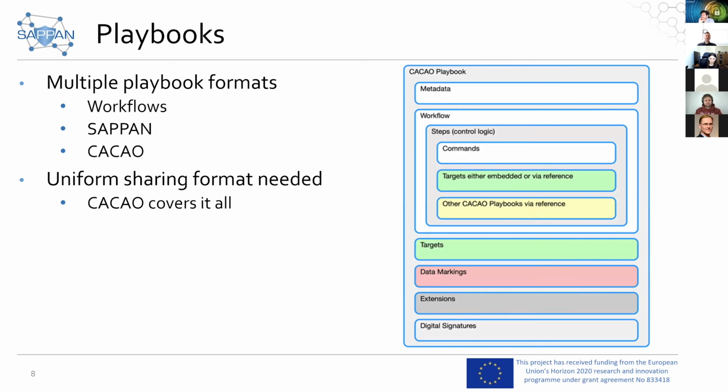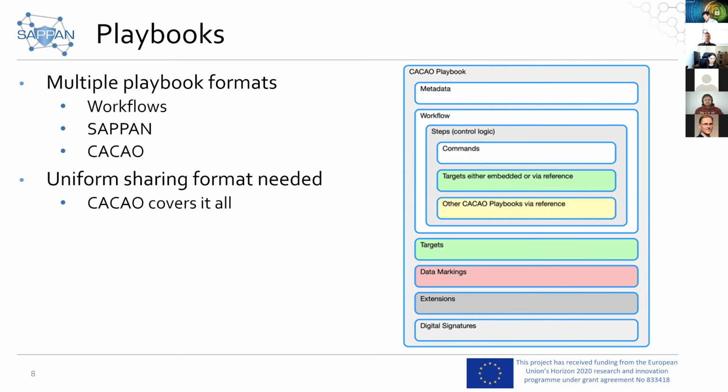So at SAPPAN, we worked on how to capture the response and recovery steps into workflows. We came up with a SAPPAN format, but in parallel there was also an OASIS activity which introduced the CACAO standard.